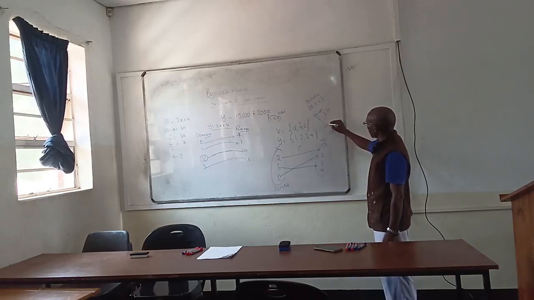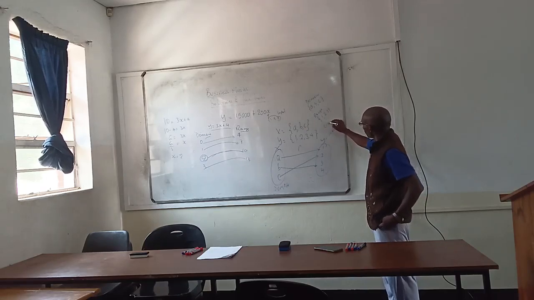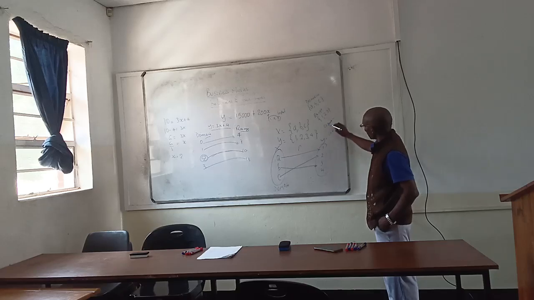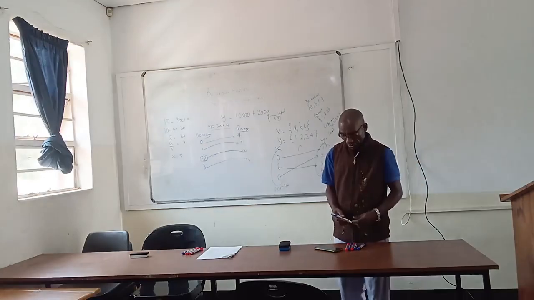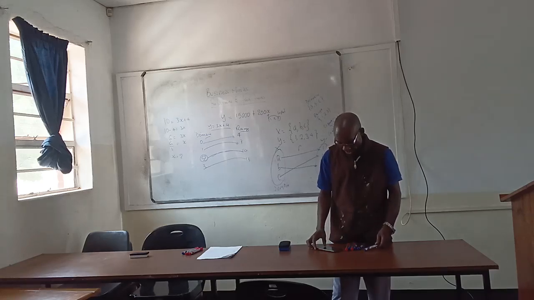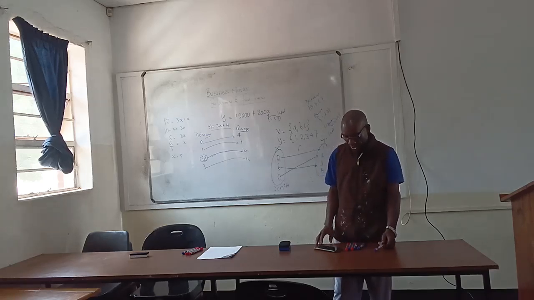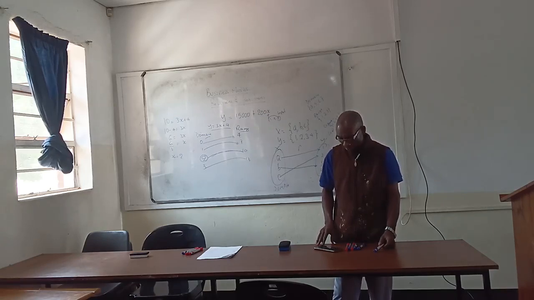Our codomain is the set of everything here: 1, 2, 3, and 4. They are telling us something different. In other words, the domain is X, the codomain is Y, and the range is what you are mapping.